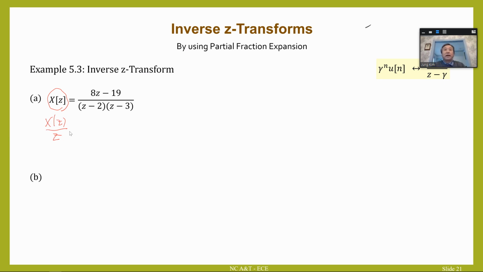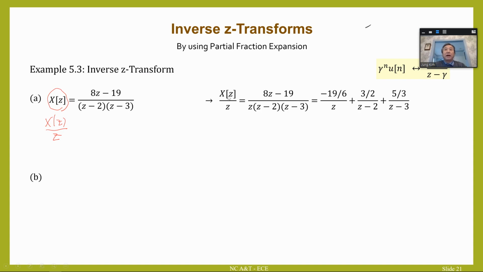If we divide by z here, then z is added here, and then we apply the partial fraction expansion. This is the result of the partial fraction expansion.